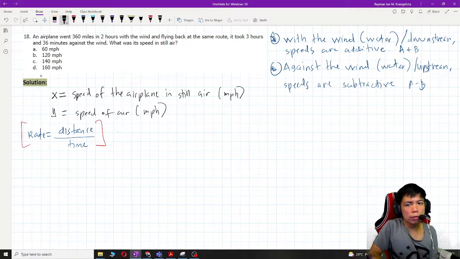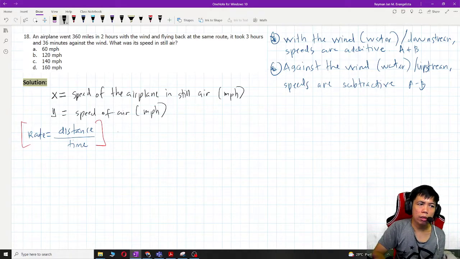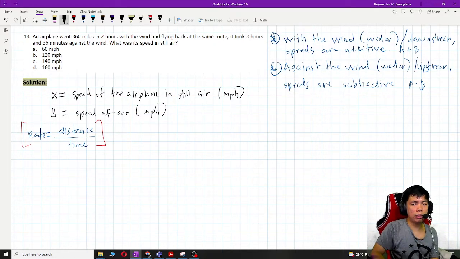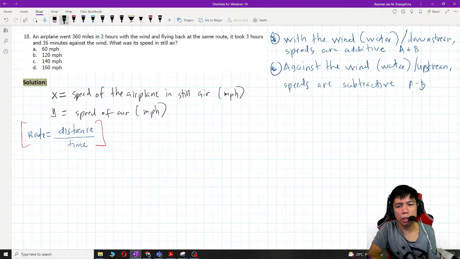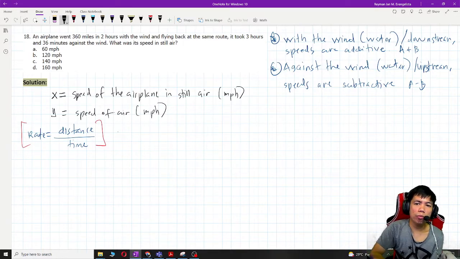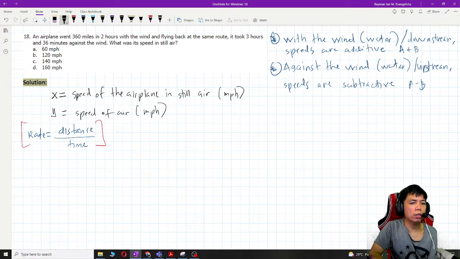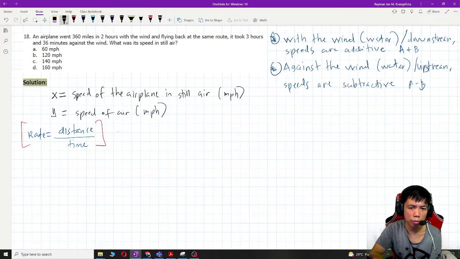Pag the same route, same distance, obviously the airplane is traveling faster in going with the wind, as compared to the journey when the airplane is traveling against the wind.